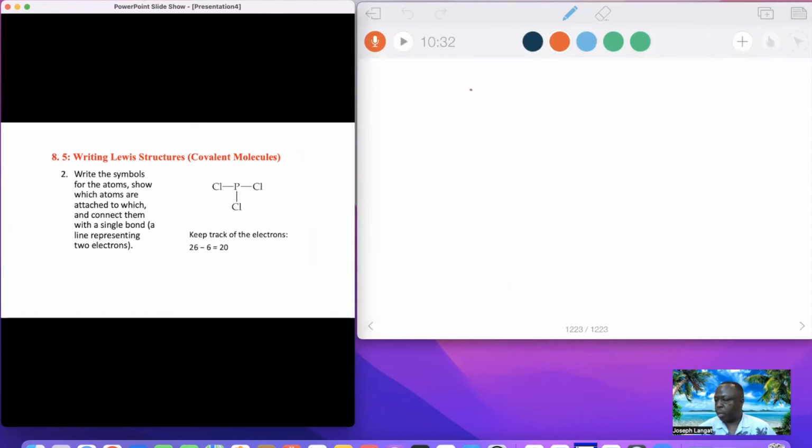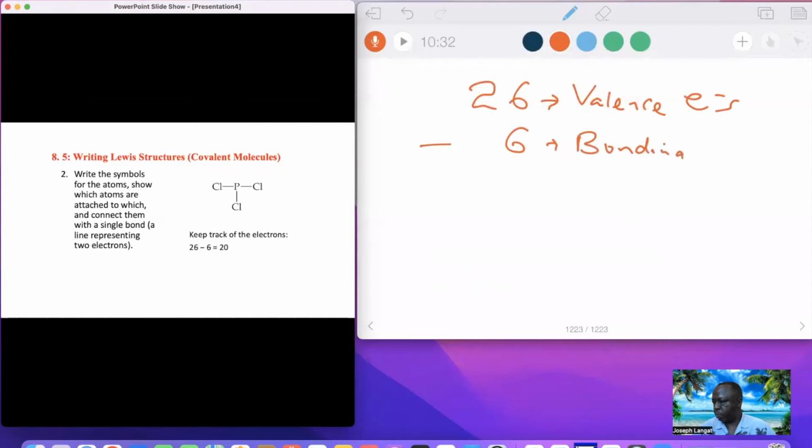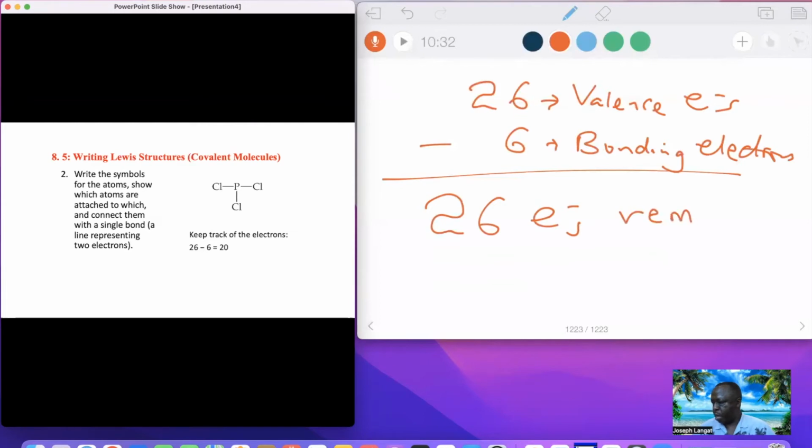We had 26 valence electrons minus 6 bonding electrons. This will give us 20 electrons remaining. So that's how you keep track of how many electrons are left, by subtracting 6.